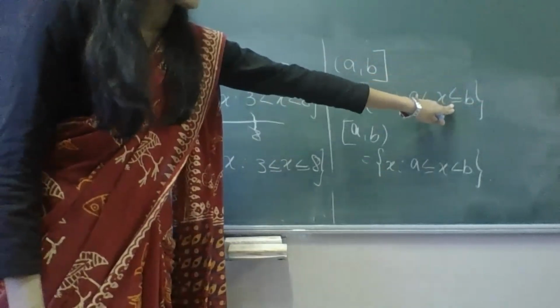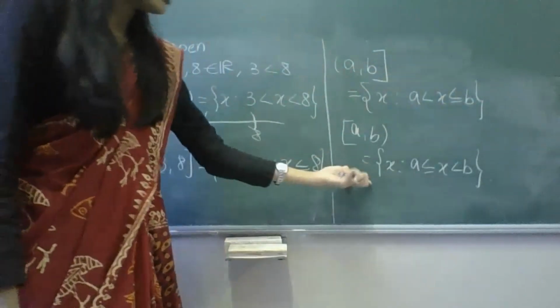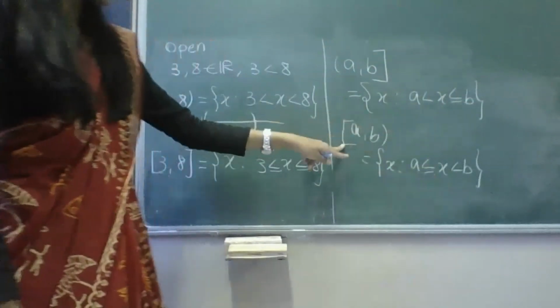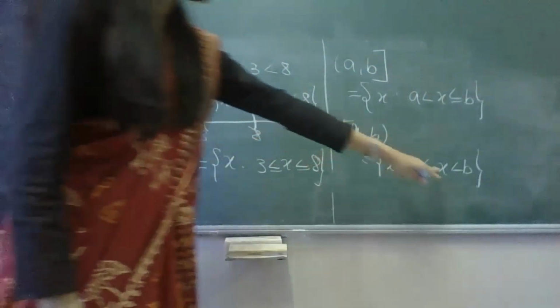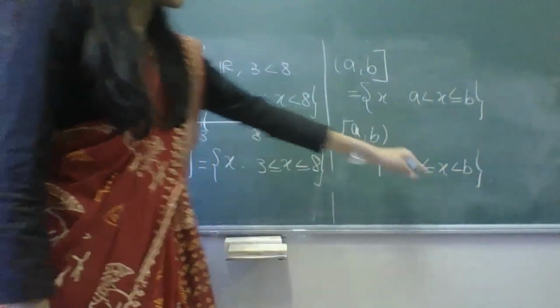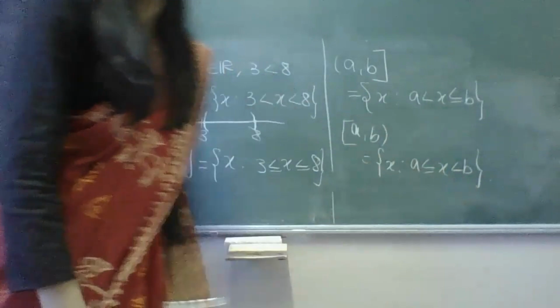In the other one we have x such that a is less than or equal to x, because we have a closed interval here, and x less than b. We have an open interval here and hence it is strictly less than.